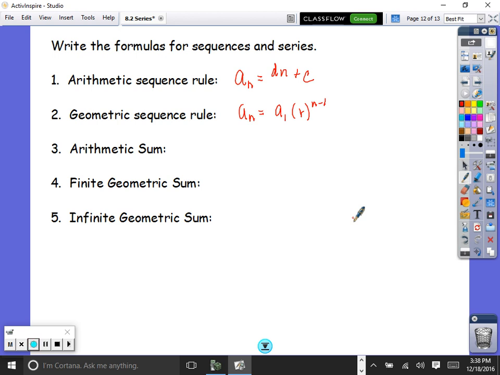How we find the sum of an arithmetic series is S sub n will equal half of how many I have times the first term plus the last term. A finite geometric series, S sub n will equal the first term times 1 minus the ratio to the n divided by 1 minus the ratio.